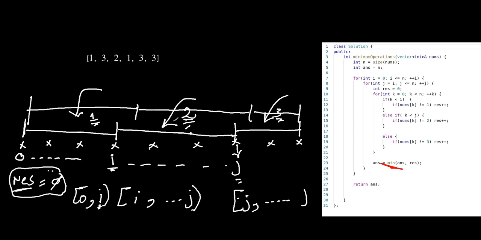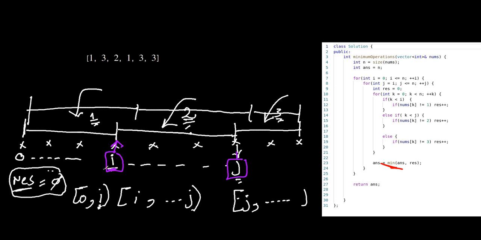Now, how can we try all different combinations? Notice here we have i going to this edge, and we have j. So all we need to do is to play with i and j.